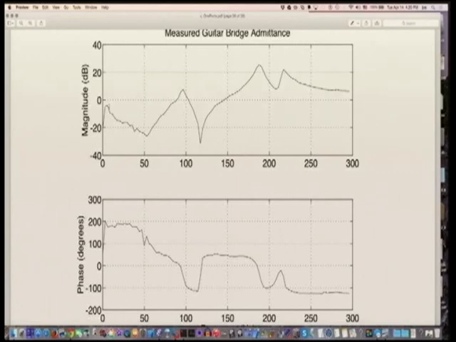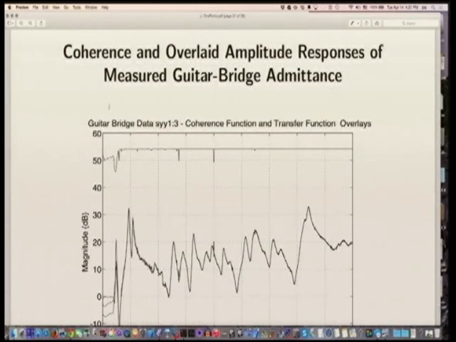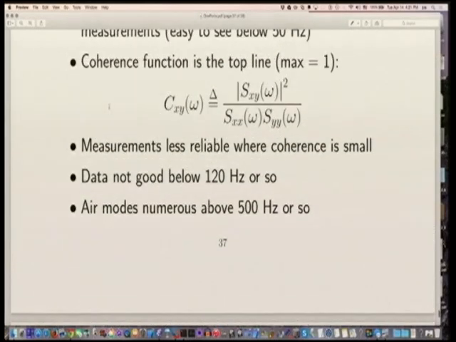Level looks good enough. Oh, I remember, we should look at the coherence. So have you heard of coherence? The coherence function is a measure of how accurately you are measuring what you think you are measuring in the presence of noise. So I think I actually defined the coherence.